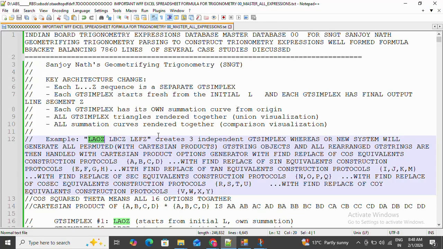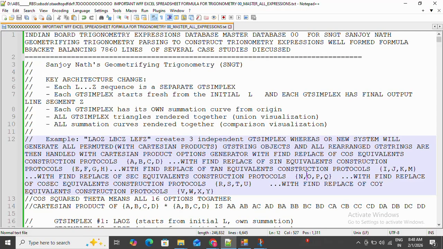These kinds of things are called GT strings, and GT simplex strings is a better term to use. The GT string objects and all rearranged GT strings are then handled with Cartesian products, options and generators, which find and replace the cos equivalent construction protocols ABCD with the sine equivalent construction protocols EFGH, and find and replace the tan equivalent construction protocols IJKM.